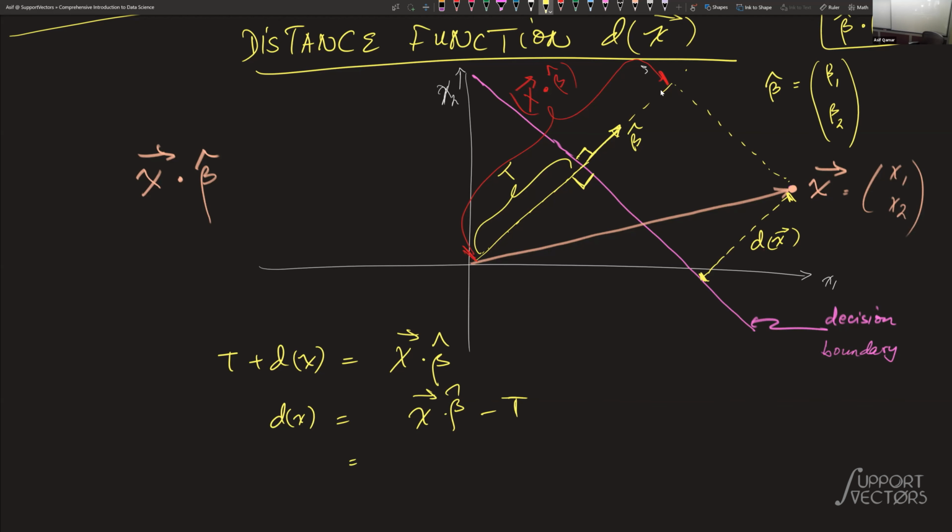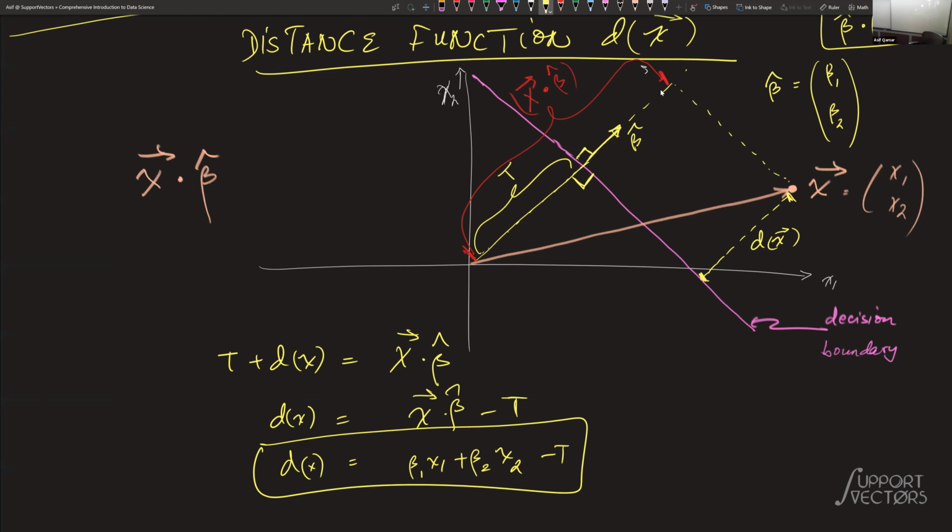So now let's work it out. x is x1, x2. How do you do the dot product? Transpose, in matrix notation. Anyway, I'll leave it to you. The dot product of this would be beta 1 x1 plus beta 2 x2 minus t. This is the distance, isn't it? t being the distance of the line from the origin, the shortest distance, basically the orthogonal distance of the line from the origin.